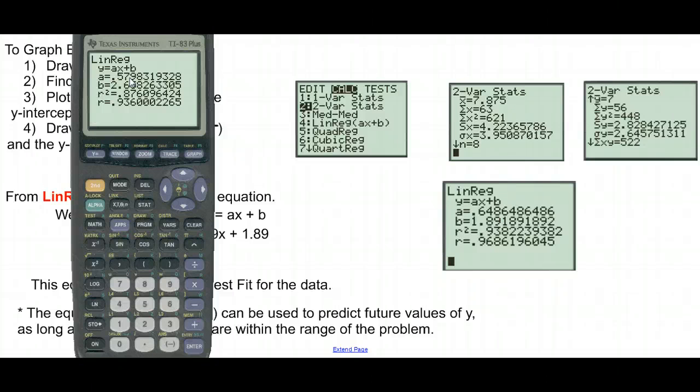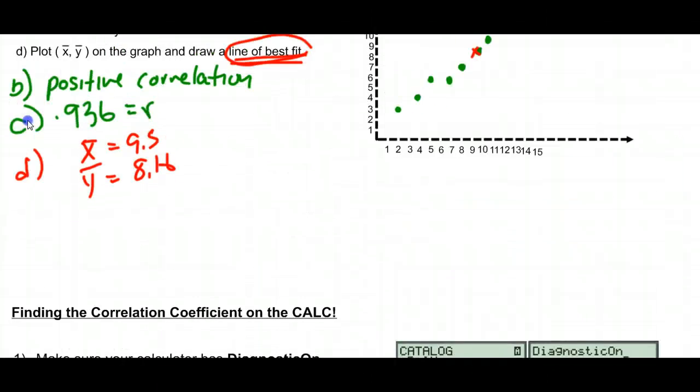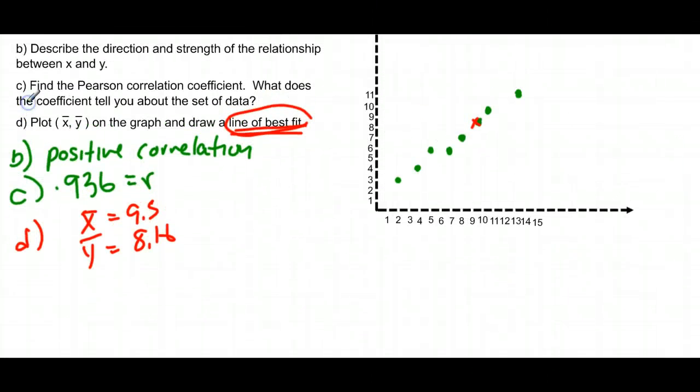A is going to be your slope, so we're going to put 0.58, let's just round. B is going to be your y-intercept, which is 2.66, all right? So from there, we're going to go back up, and let me write down the equation real quick.